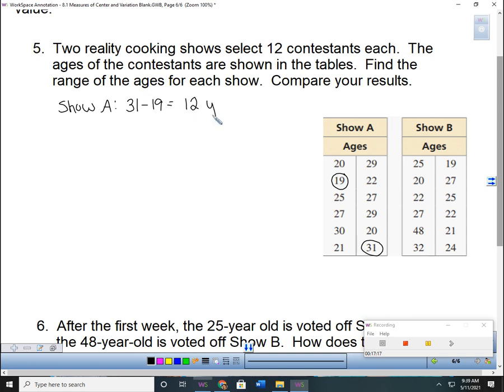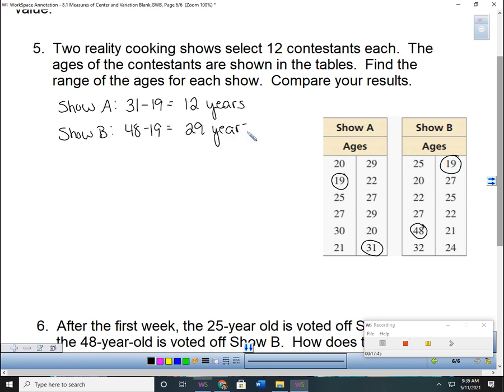So there's 12 years difference in the oldest and youngest contestant for show A. And for show B, we're going to do the same thing. The oldest contestant is 48, and the youngest contestant is 19. So 48 minus 19 is 29 years.